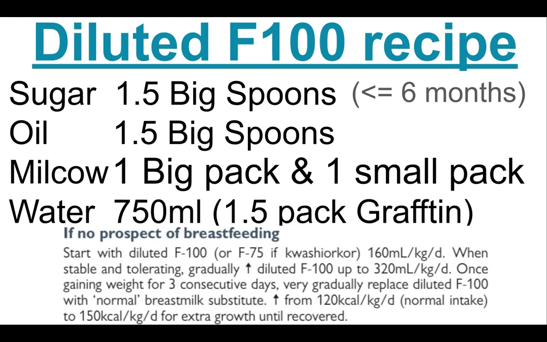For this diluted F100, we start with 160 ml per kilogram per day. If the patient is stable and tolerating, you can gradually titrate diluted F100 up to 330 ml per kilogram per day.